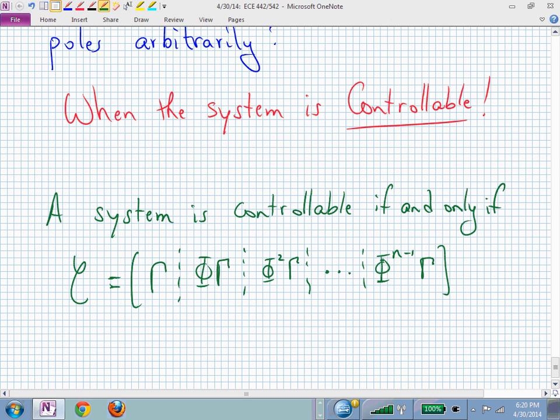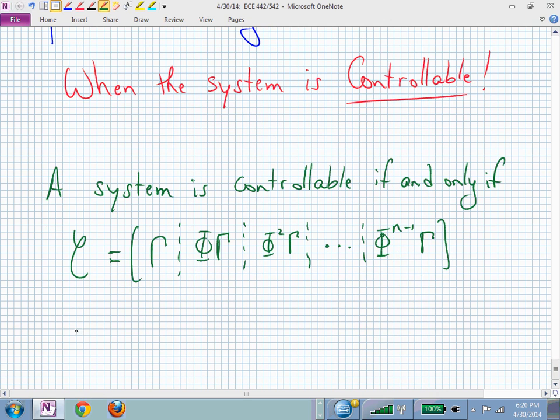For a second order system, this isn't too hard. A system is controllable if and only if this controllability matrix C is full rank. Everybody had linear algebra.